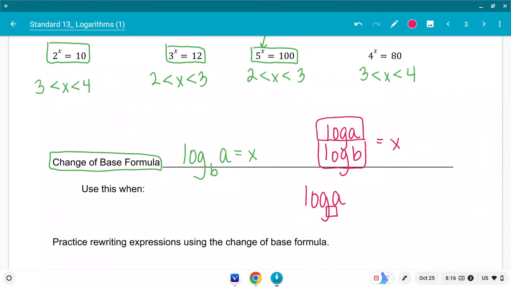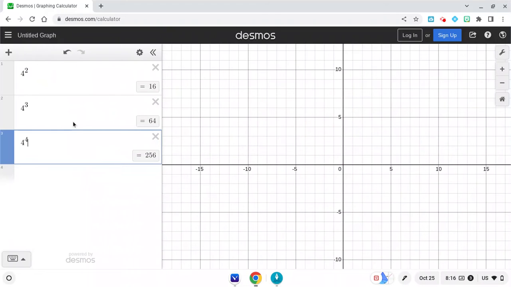However, it is not missing a base. It is a base 10. We just don't write the base 10. And the reason why this is so cool is because our graphing calculators can do log base, it automatically does log base 10. So this is a base 10 right there.